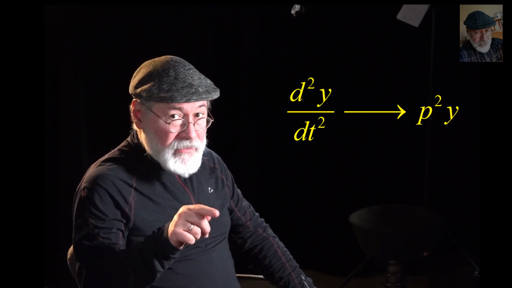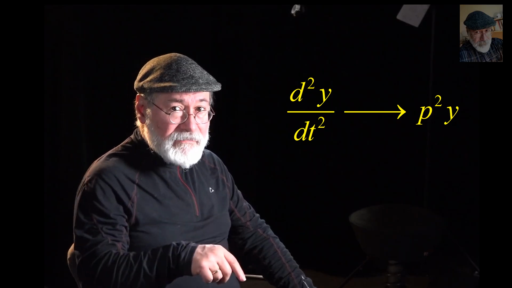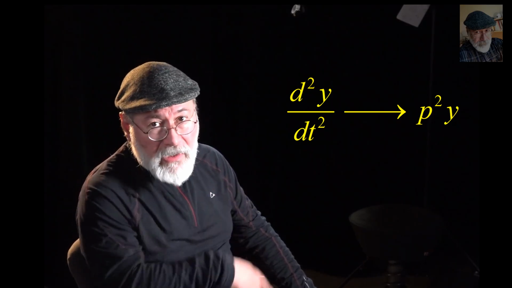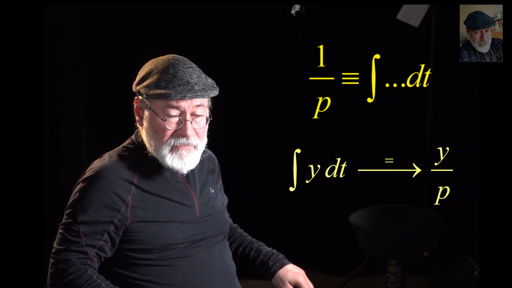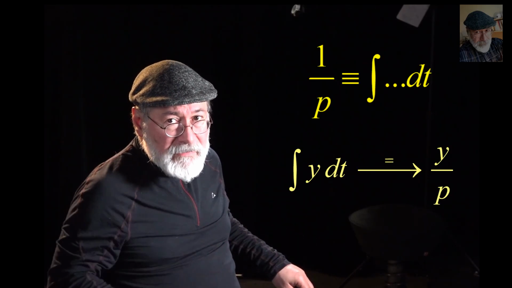And the second derivative with respect to time of y? Well, P squared y. And the integral of y with respect to time? y over P. It is just a notation, but a powerful, simple, and elegant notation it is.